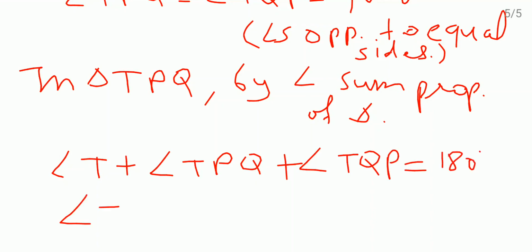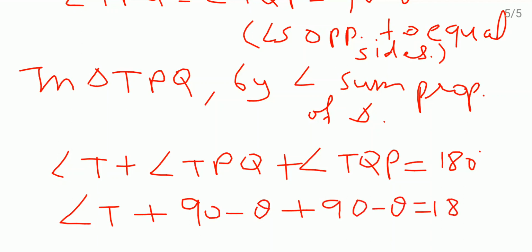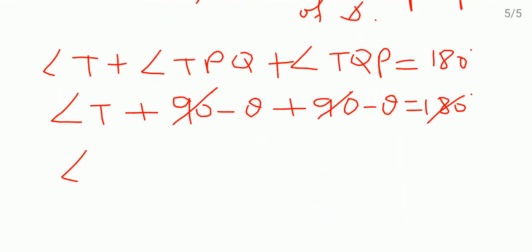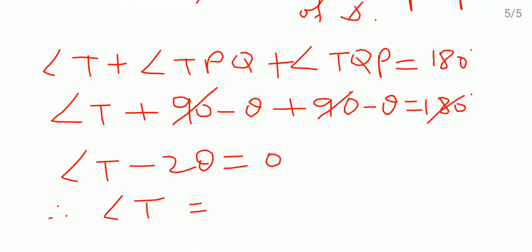So this angle T will be as it is, but this angle is 90 minus theta, plus this angle is also 90 minus theta, which is equal to 180 degrees. Now see here, from both the sides, 90 plus 90 will be 180. I'll cancel it here. Now what is left here? Angle T minus 2 theta is equal to 0. Therefore, angle T is equal to 2 times theta.